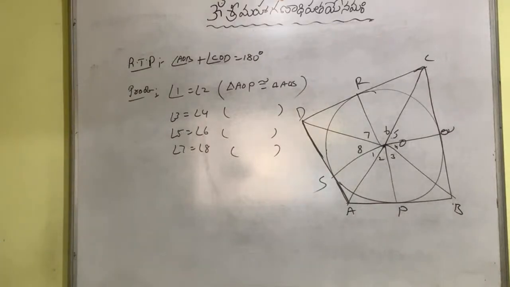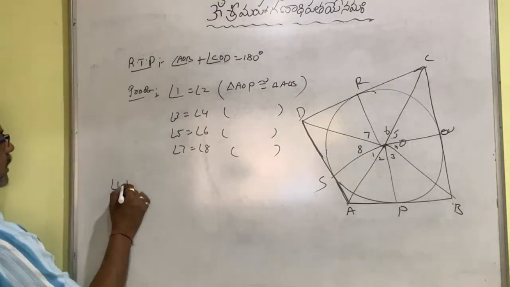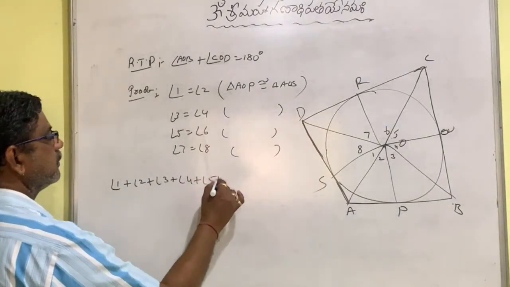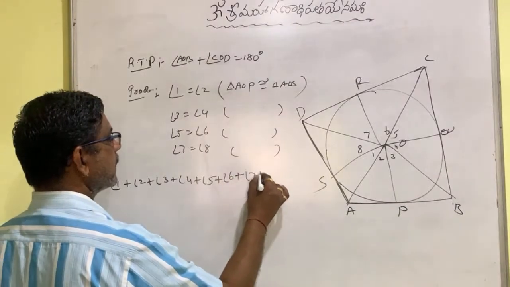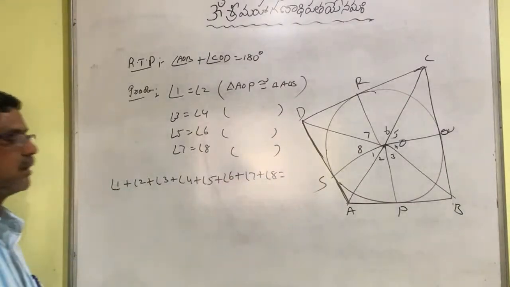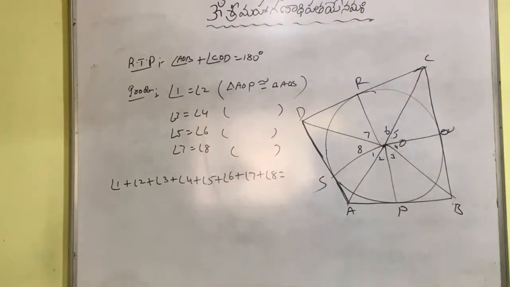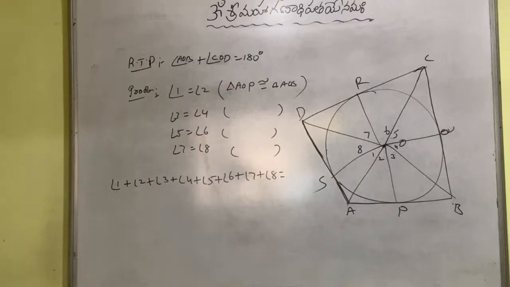Now, can anyone tell me what is angle 1 plus angle 2 plus angle 3 plus angle 4 plus angle 7 plus angle 8, how much? 360. Any reason?